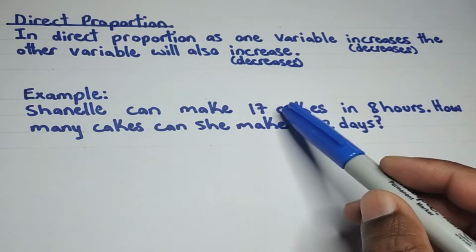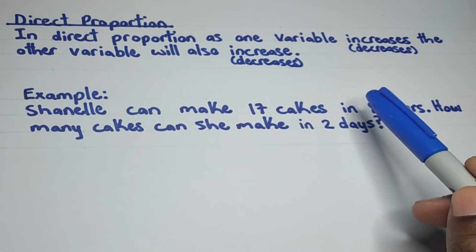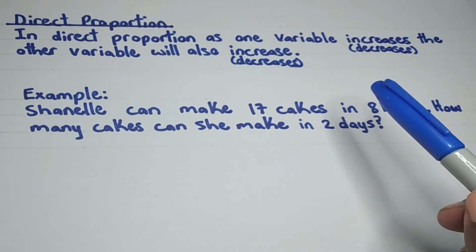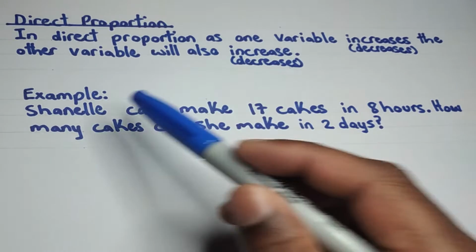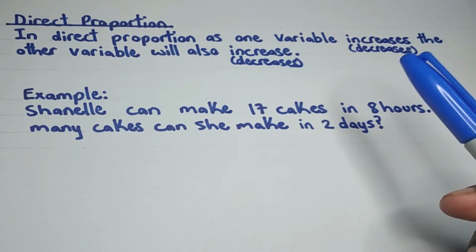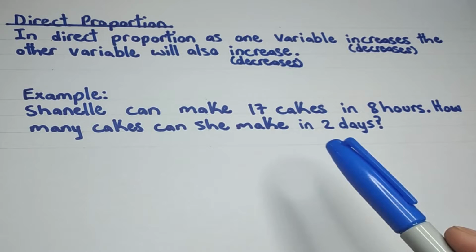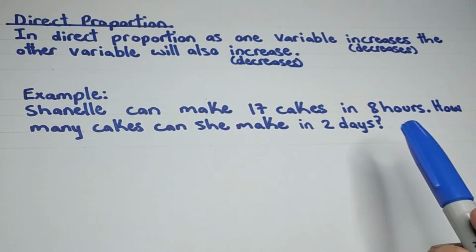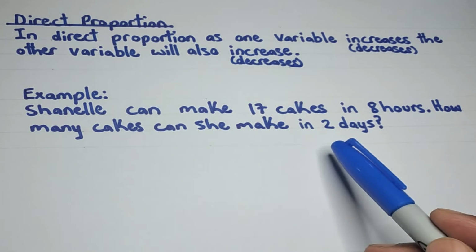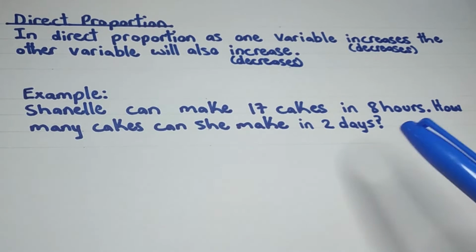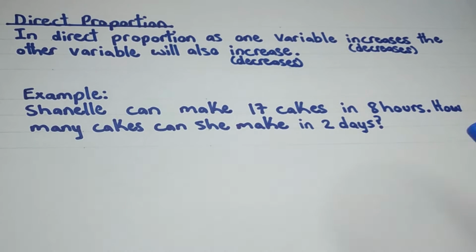Which simply means if the amount of hours increases, the amount of cakes that Chanel can make will also increase, alright? So hopefully that makes a lot of sense. That's pretty much what a direct proportional scenario is all about. If one variable increases, then the other variable must also increase in order for that to be considered a direct proportional problem, alright?